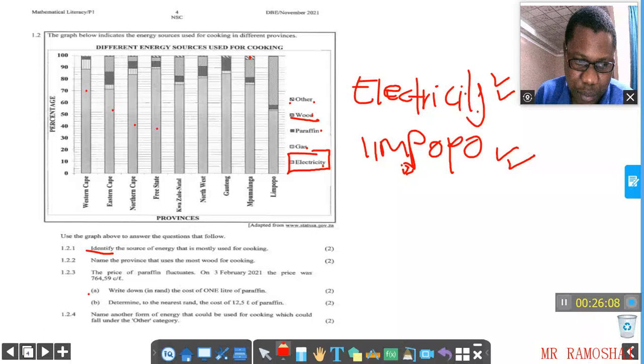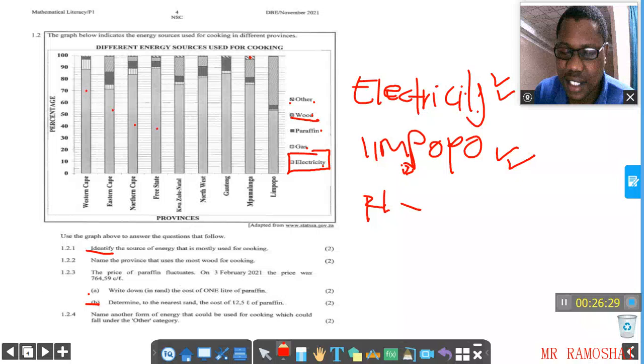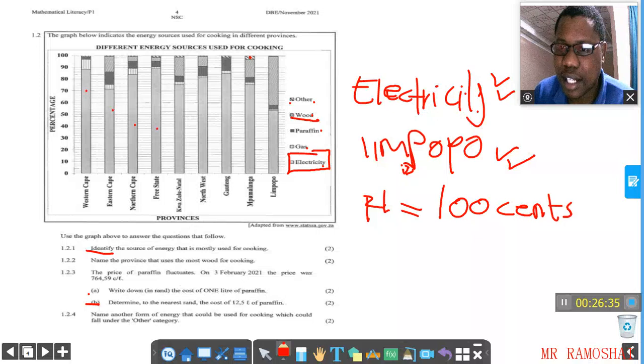These are going to be our questions, A and B. They say, write down in rand the cost of 1 liter of paraffin. So here the question is that you convert the cents to rands. You understand? So when we convert, we're going to look at this. 1 rand has how many cents? It has 100 cents. Right.